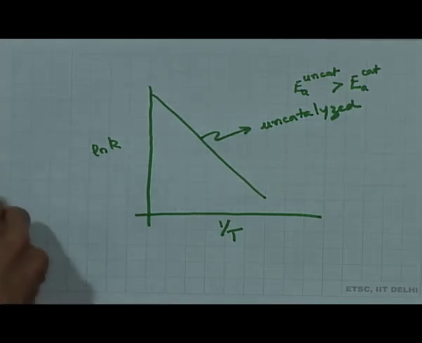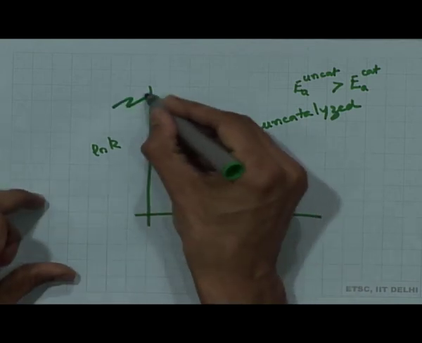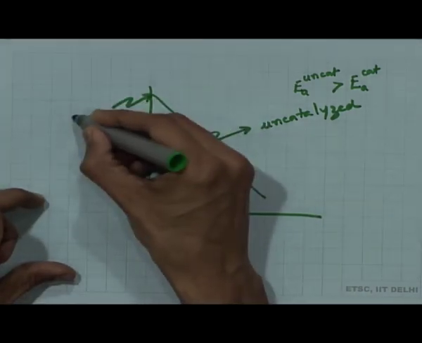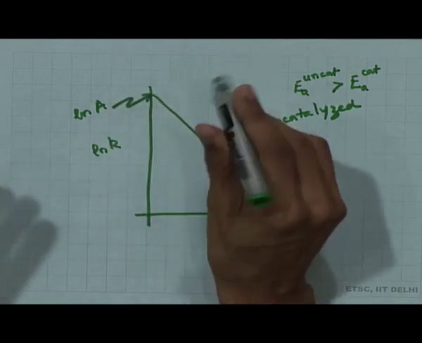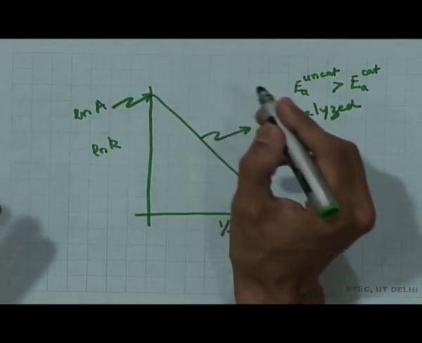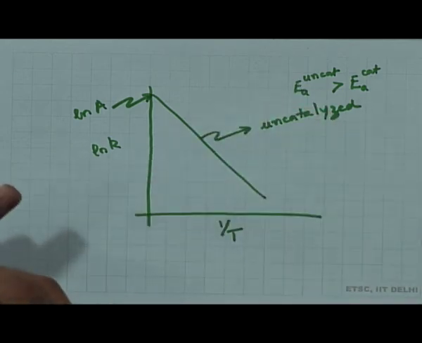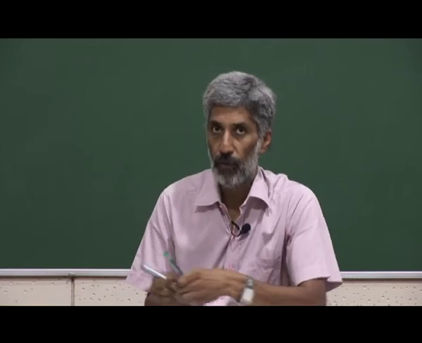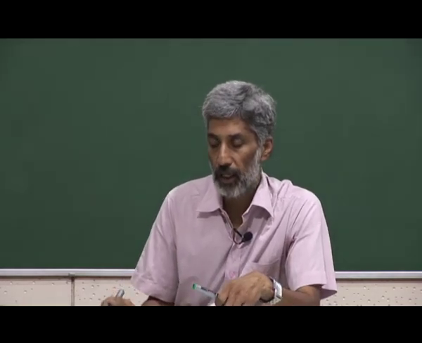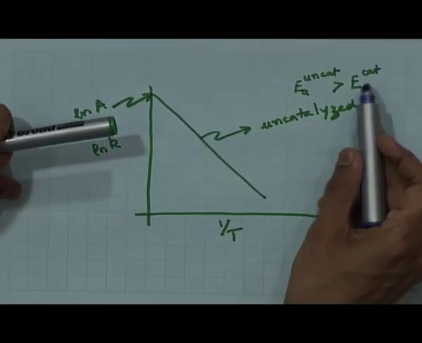This point here corresponds to ln A, which we said is a representation of the number of collisions. So, we have this for the uncatalyzed reaction, and for the catalyzed reaction we are saying that the energy is smaller.